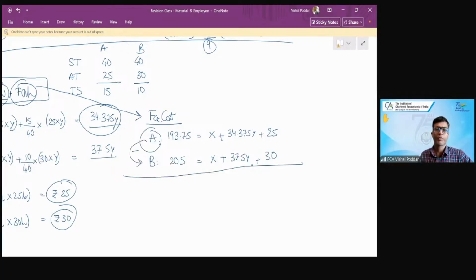A, I will subtract from B because B has a greater value. So how much will I get? It is 11.25. X and X will get cancelled. Here I will get 3.125Y and plus 5. Just do the corrections. I'm just making it oral.